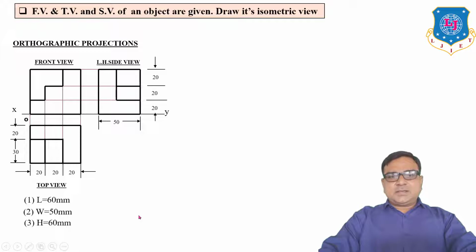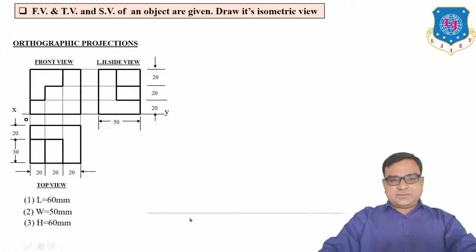Now, how do we start an isometric drawing or isometric view? First of all, we draw one horizontal line, take any point and draw a line inclined 30 degrees to the horizontal line.